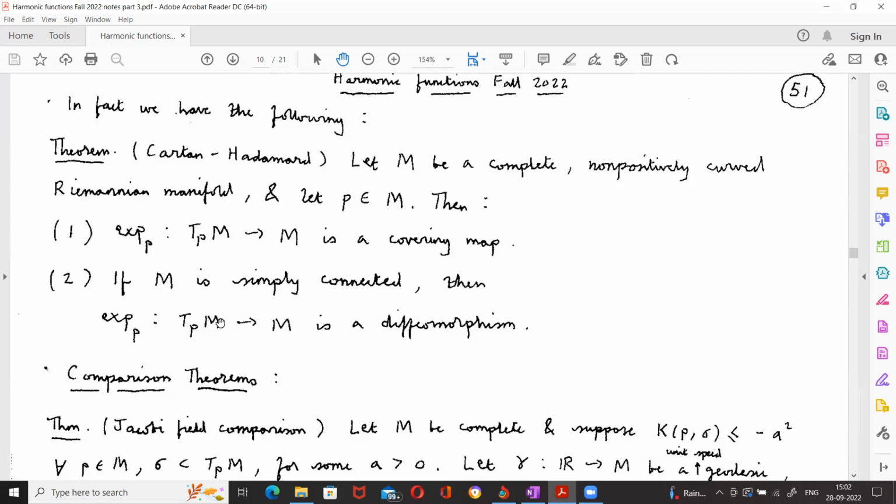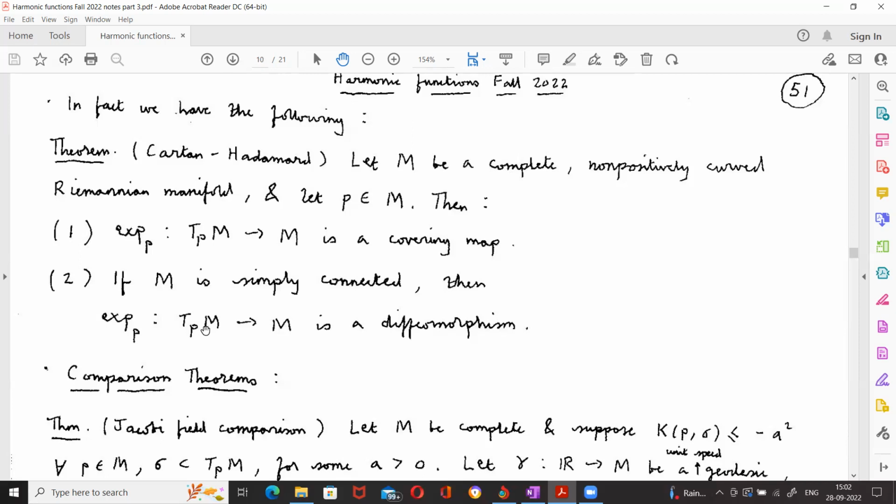So in particular, what does this mean? This means that if I have a complete manifold which is simply connected, then non-positive curvature will imply that the manifold is in fact diffeomorphic to R^n, since this tangent space is the same as R^n.